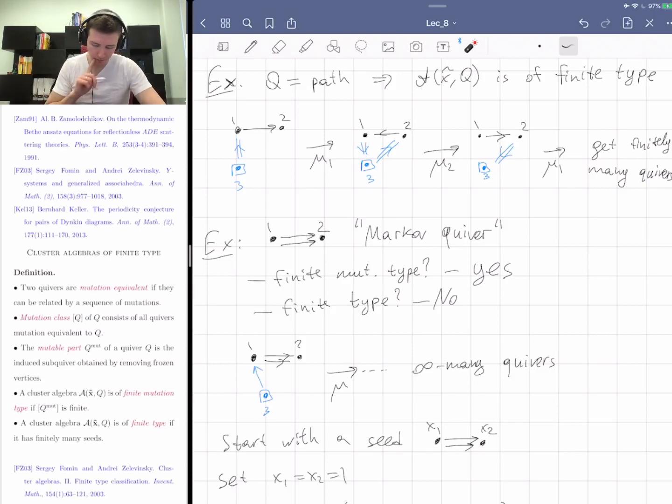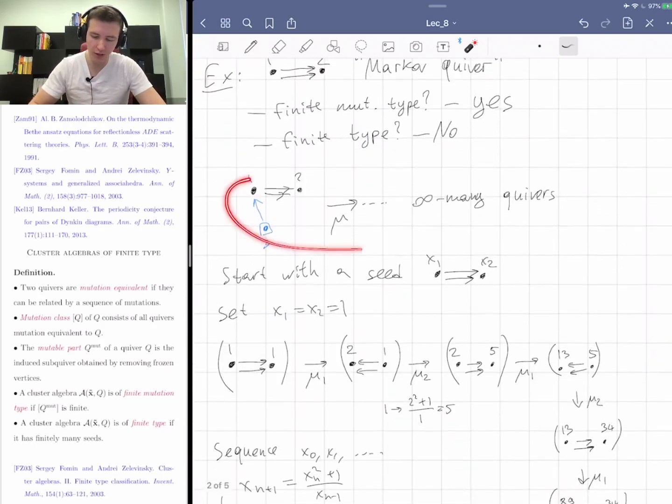Here I'm taking Q mut, the mutable part, and I'm taking brackets, which is the mutation class.